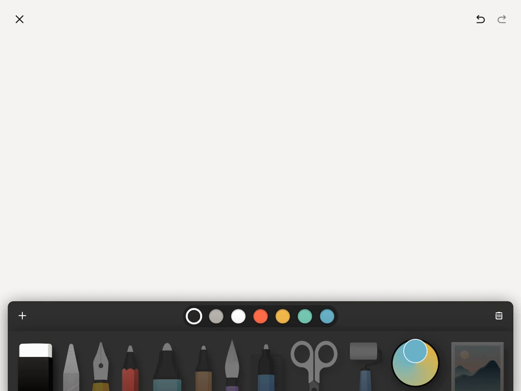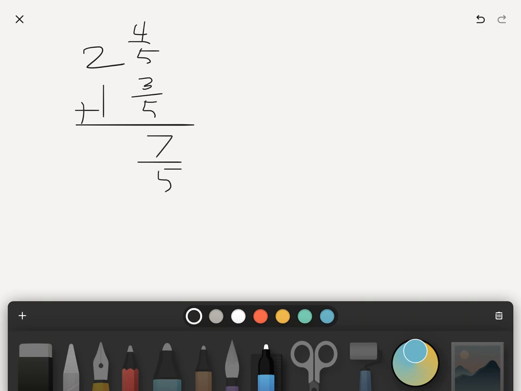Was that a review? That was a review, because what I'm trying to say here, and also say if we're doing the fractions, and we're carrying, let's say 4 fifths plus 1 and 3 fifths, and I'm adding these, then you know what? I got 7 fifths.